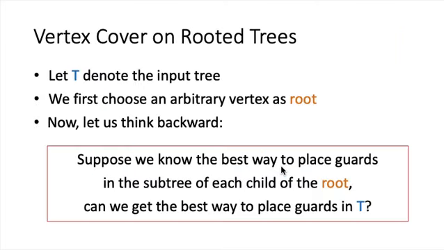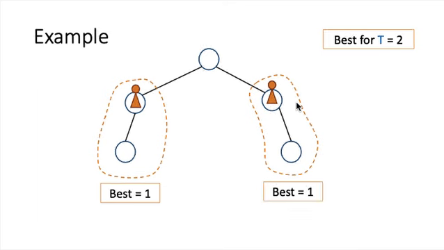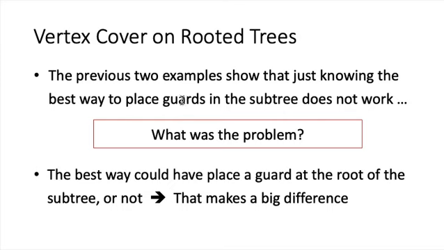So what does that mean? It means that just knowing the best number in each of the subtrees of the children will not be enough. Just knowing the best way to place guards in the subtree does not work. So what actually was the problem? When we place guards optimally in the subtree, a guard could be placed at the root, or it could be not placed at the root.